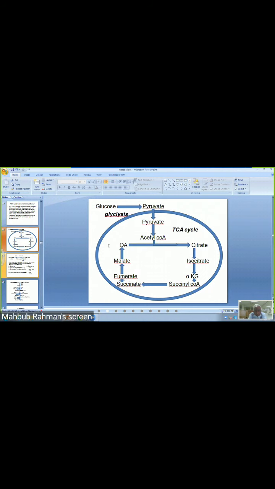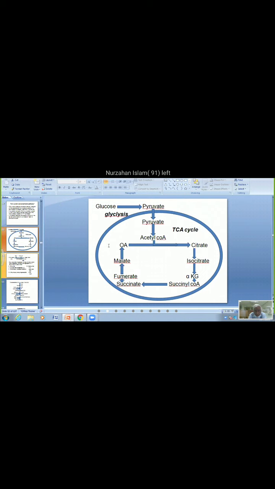In aerobic condition, pyruvate enters the mitochondria where it is converted to acetyl CoA, and acetyl CoA is completely oxidized in the TCA cycle.